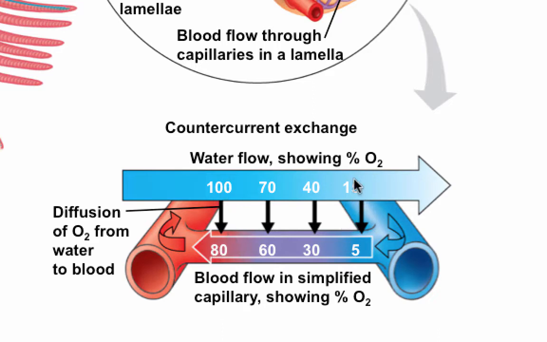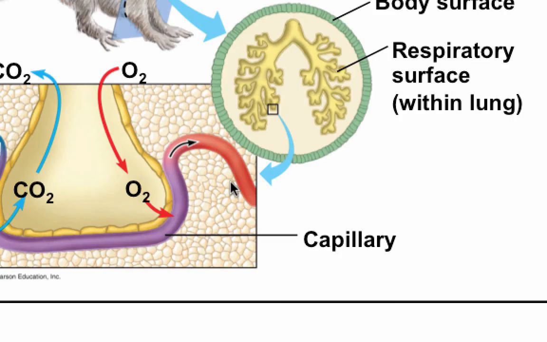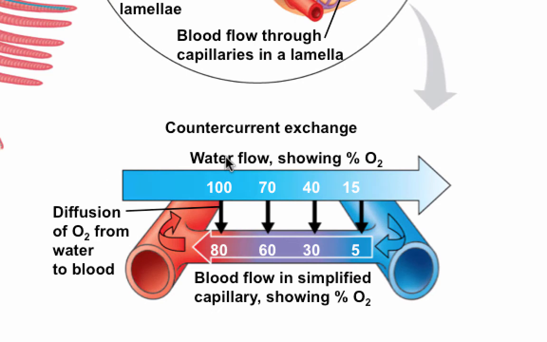What this means is that, particularly with the low and low, even if it's low oxygen in the water, it's still higher than the deoxygenated blood. So the diffusion should occur from the water into the capillary to oxygenate the blood. As the blood gets more and more oxygenated, in order to keep the oxygen flowing into the capillary, you need more and more oxygenated water. As the blood flows and picks up oxygen, it also has the water that's most oxygenated on that side.